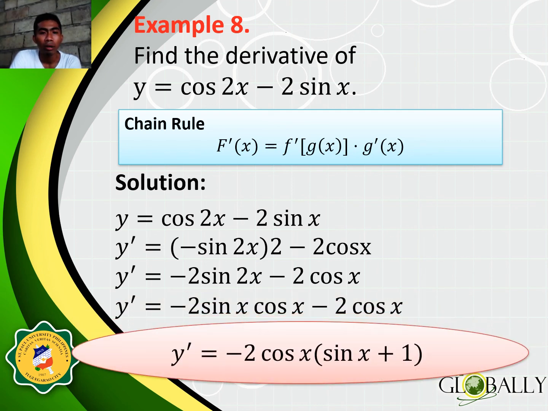Therefore, the derivative of y equals cosine 2x minus 2 sine x is y prime equals negative 2 cosine x times sine x plus 1.